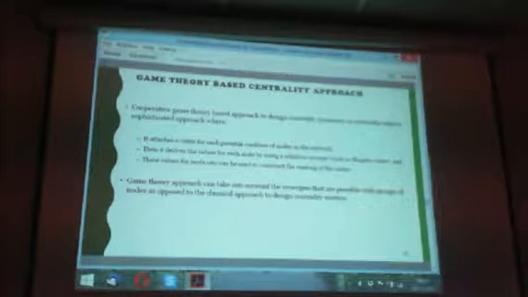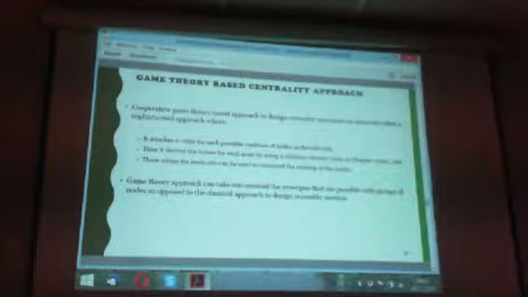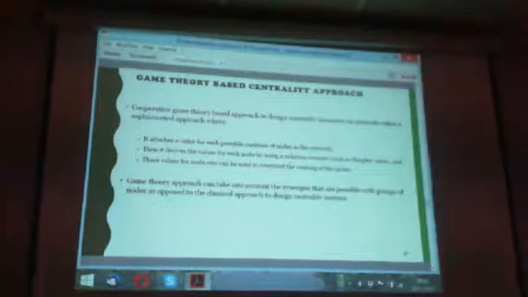We can say cooperative game theory derives the value of each node by using a solution concept. In this case, our solution concept will be the Shapley value, and this value for node sets can be used to construct a ranking of the nodes.